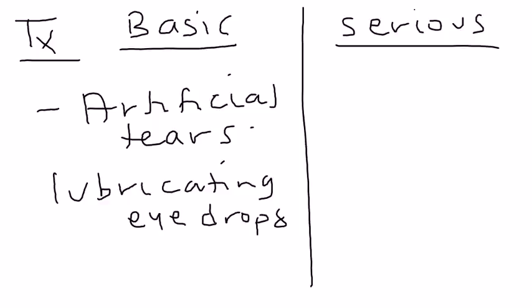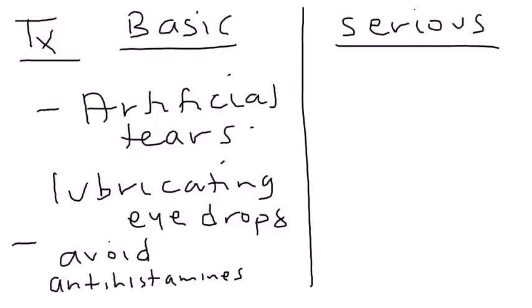There's also what you do, which is educate the patient to avoid medications that can cause dry eyes and dry mouth, and those include antihistamines and anticholinergic drugs. Avoid these.